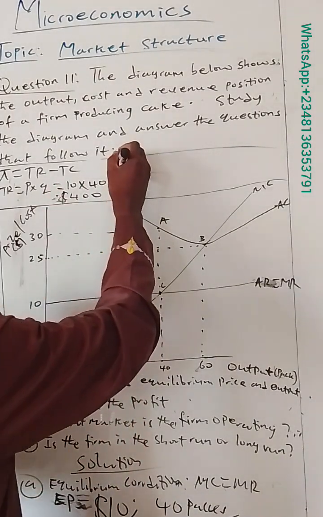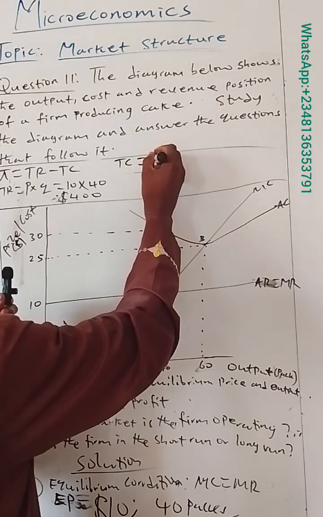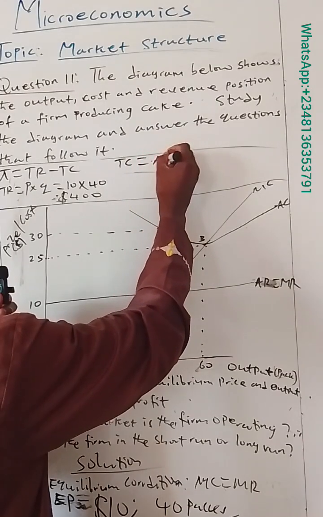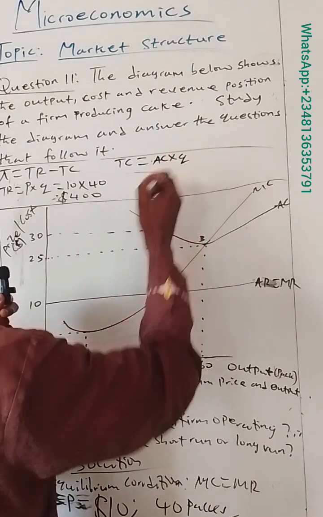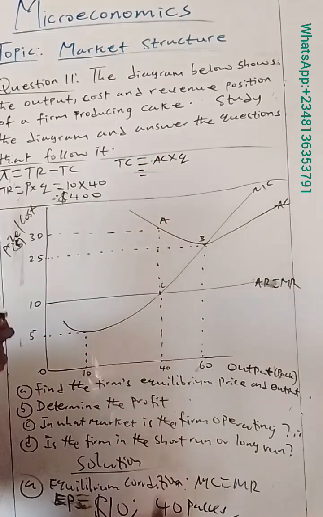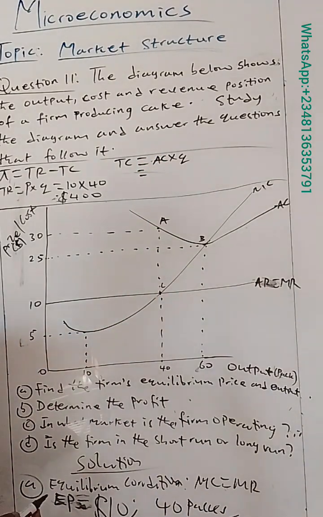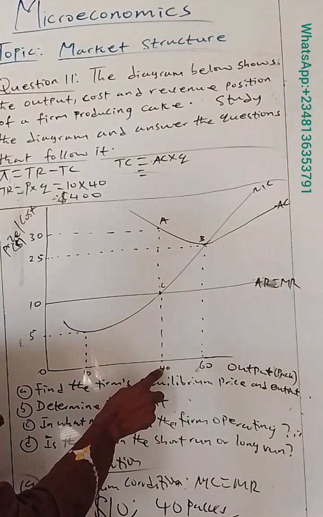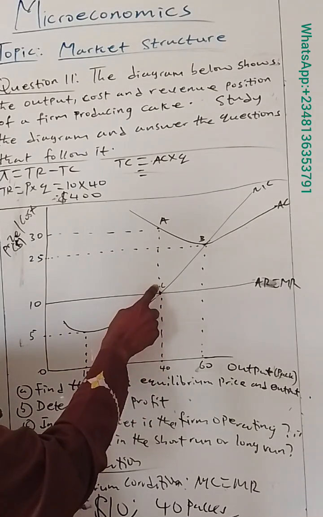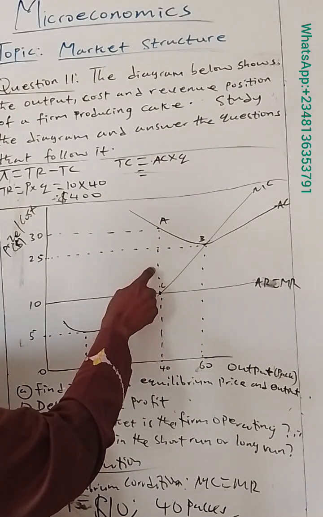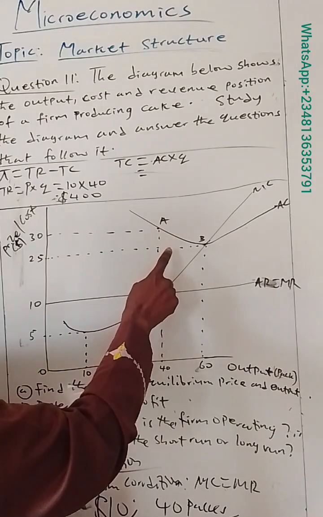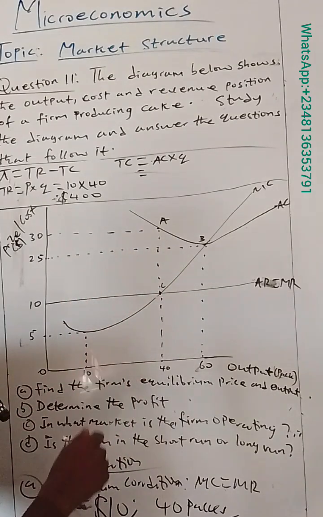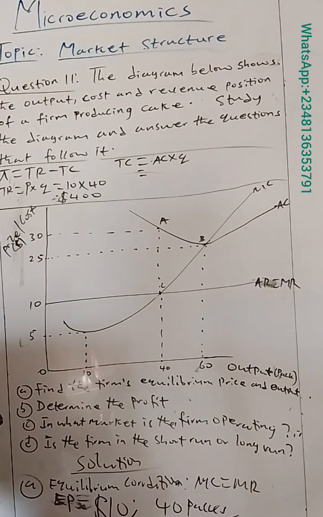Now also total cost is equal to AC, average cost, multiplied by the Q at that level. So what is the value of AC? How do I know the value of AC? I take the equilibrium output here, I trace until this dotted line touches the average cost curve. That point represents my average cost.